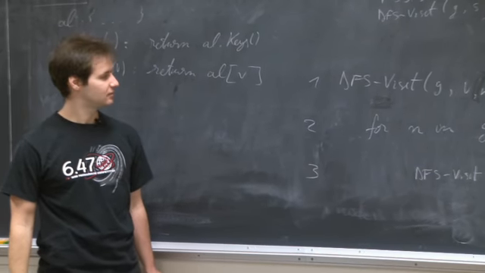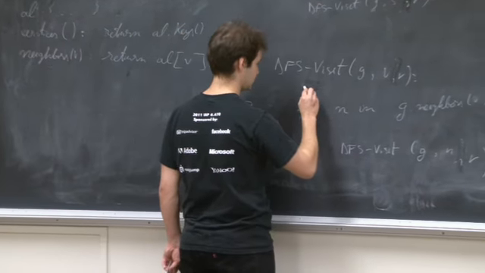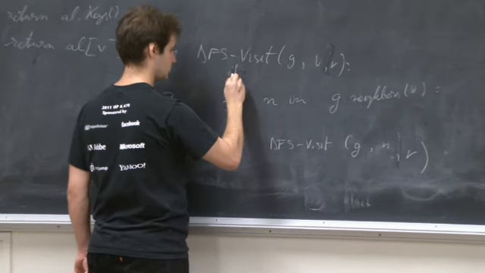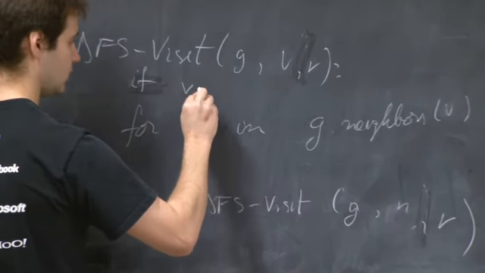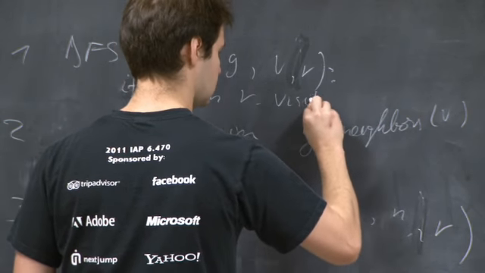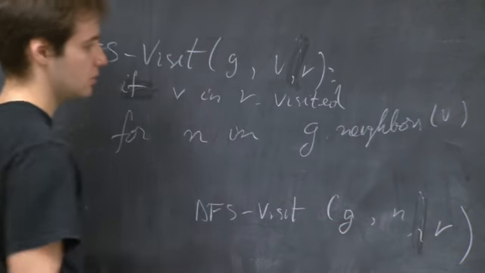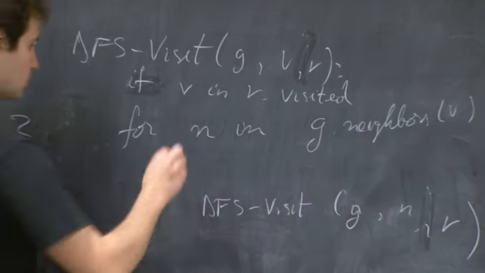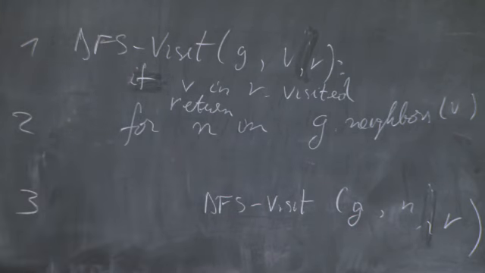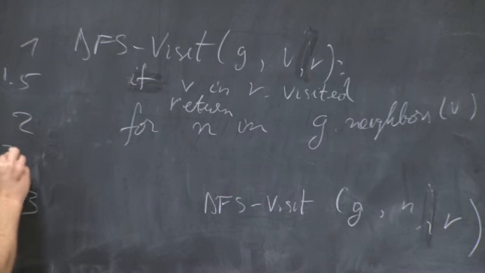In 1.5, check if v is in the dictionary. If v in r dot visited, then return. And then in 2.5, set r dot visited of v to true.